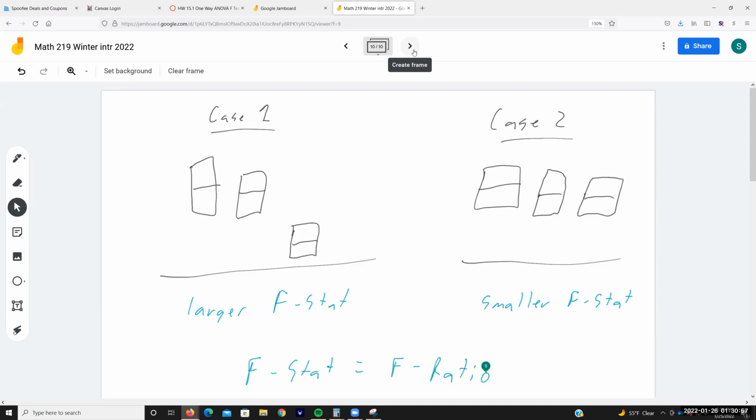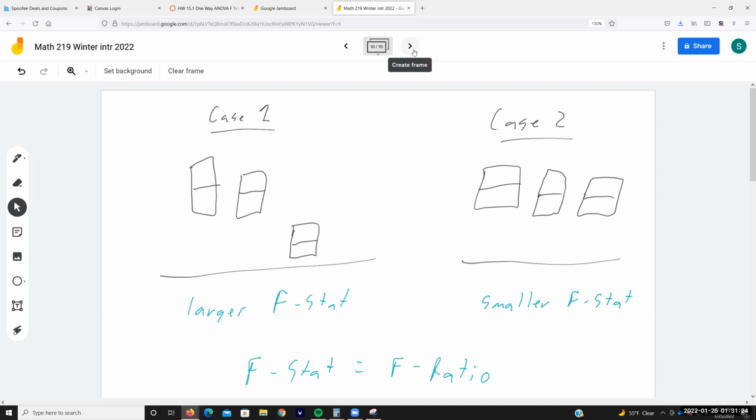We remember we were talking about test statistics. The F ratio is our statistic. You have the Z stat, T stat, chi-square stat, and then the F stat. But the F stat is just the ratio.